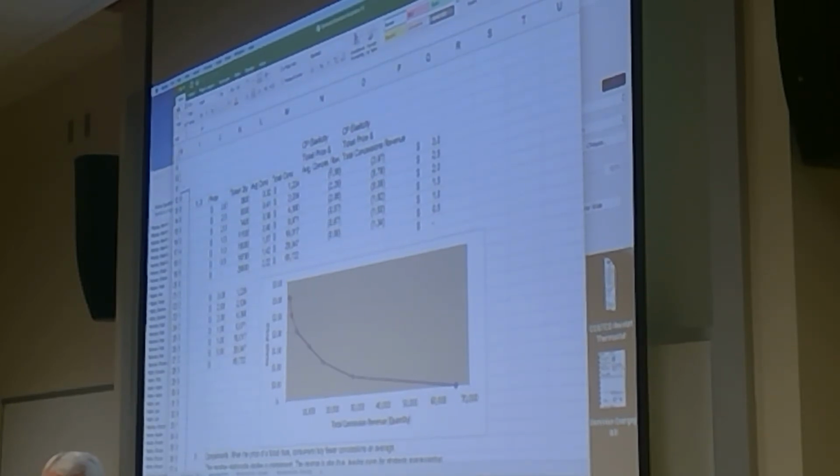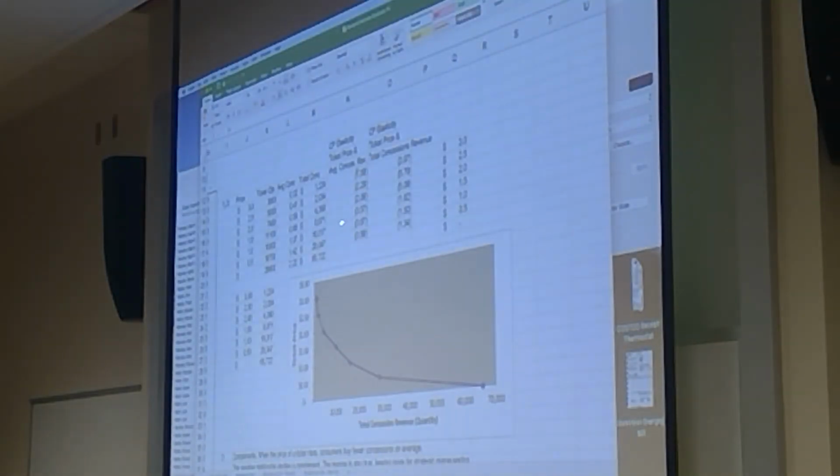Then come over and calculate the cross-price elasticity for both, and I know it doesn't say this, but I'm asking you to do it now. Do it both based on average concession revenue and total concession revenue. And if you get it set up like this, it's very easy to do. Just put the formula in there and copy it down. So you have average concession elasticity, total concession elasticity.